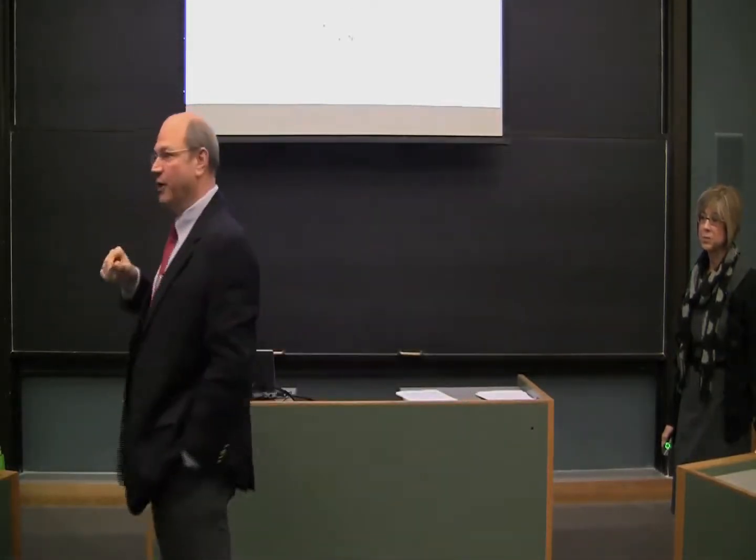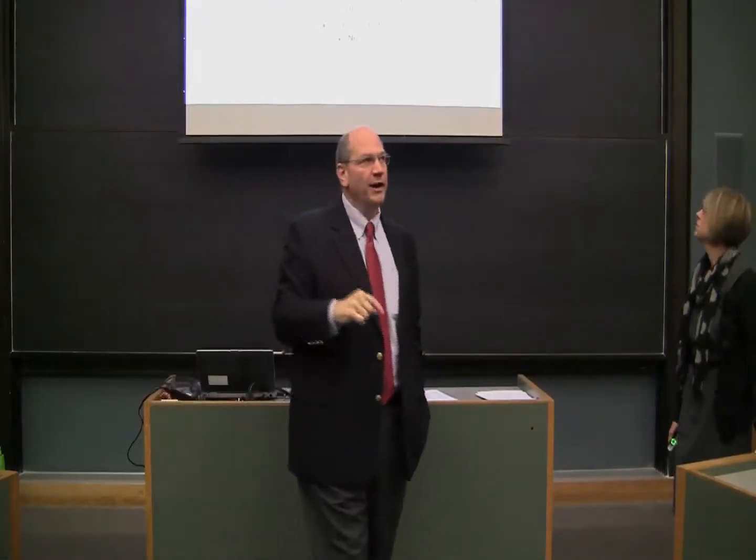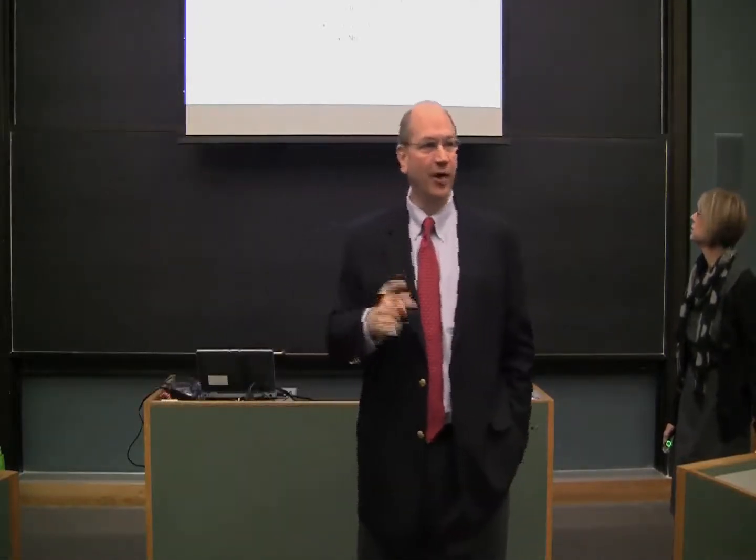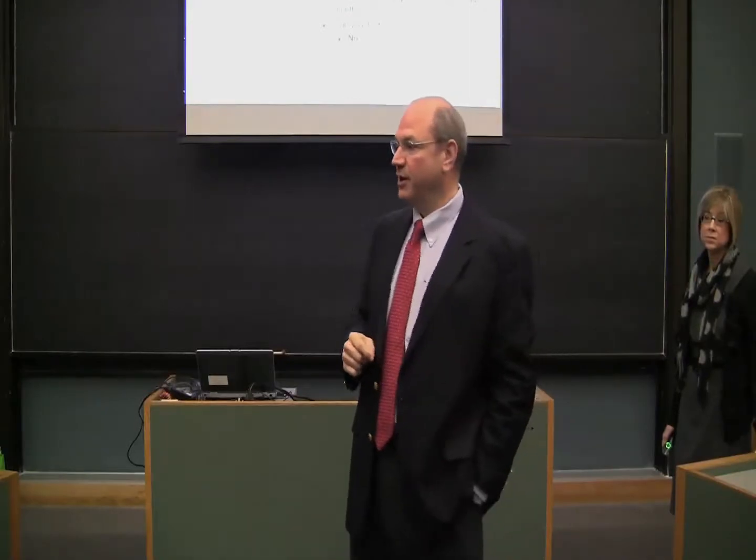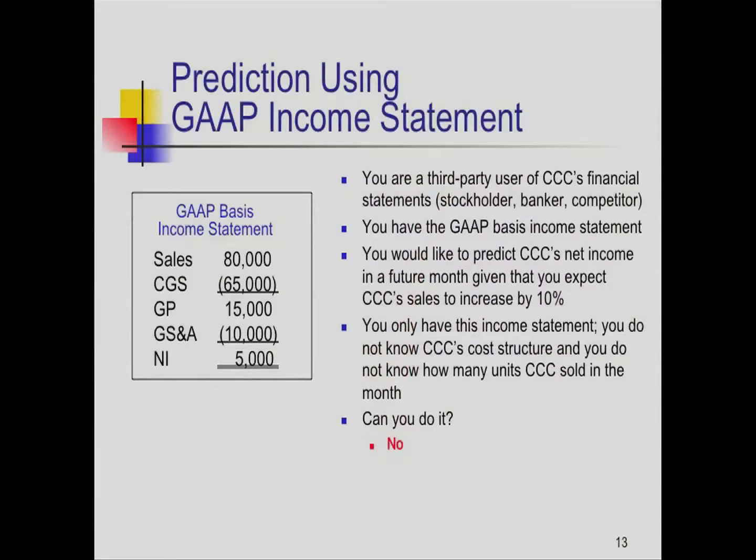So if this is all I have to go on, and I wanted to say, what if their sales doubled next year? How much money are they going to make? $10,000? No. Because if they double sales, the cost of goods sold will go up. How much will it go up? Will it double?